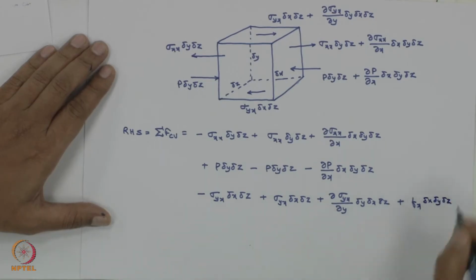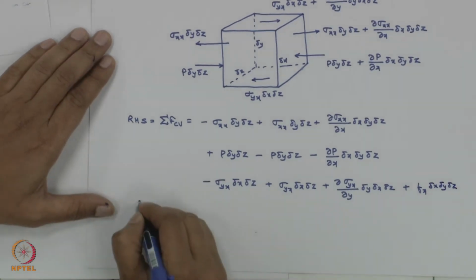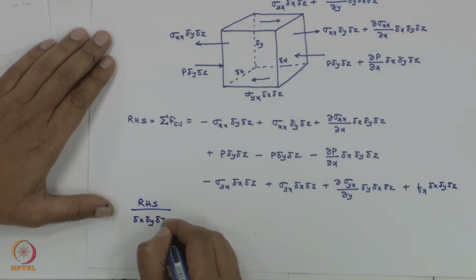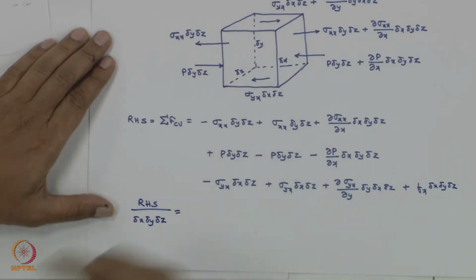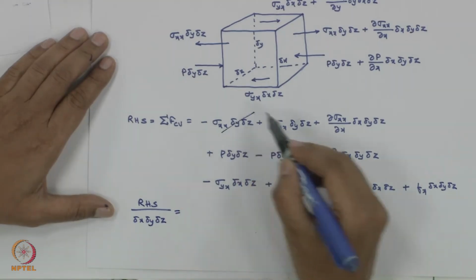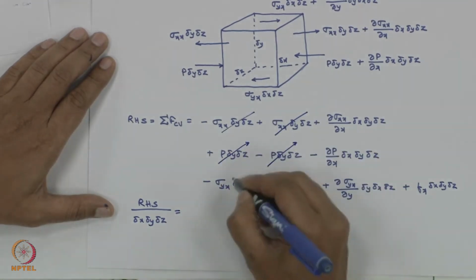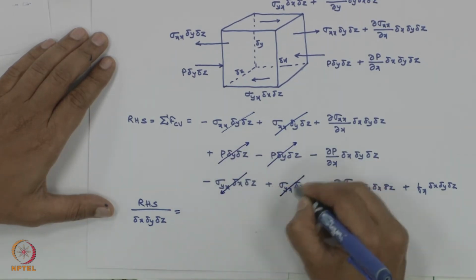delta y delta z. Now let me take RHS upon delta x delta y delta z is equal to, what will happen to these terms? This gets cancelled, this term will get cancelled with this term, this term will get cancelled with this term.